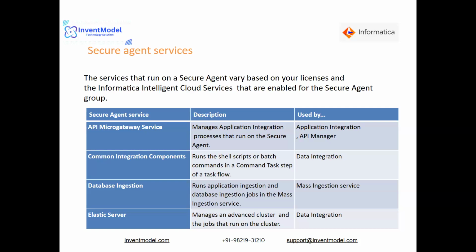So we need different services to connect with them and perform operations specific to that particular type. Based on the need, we can add those connectors in the secure agent. I have listed only a few here.